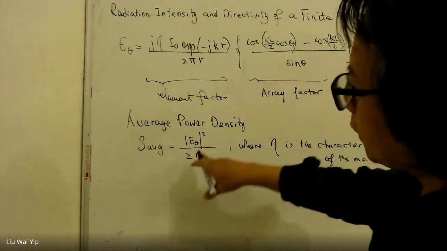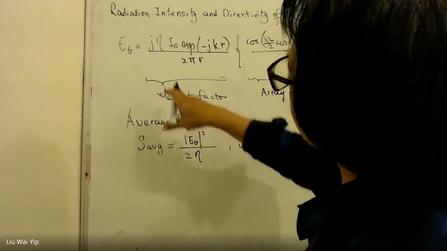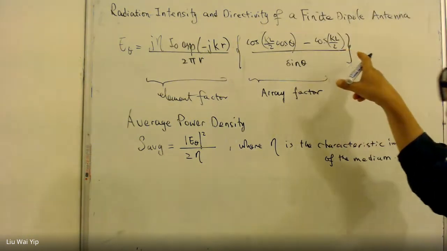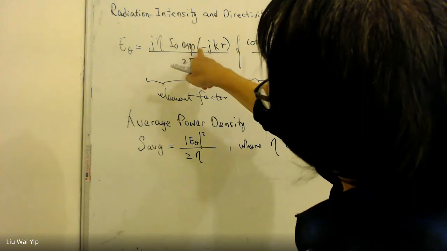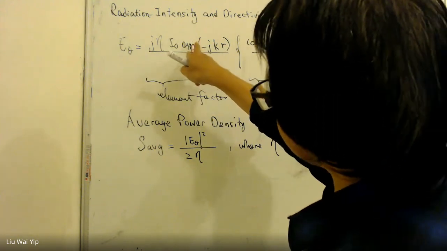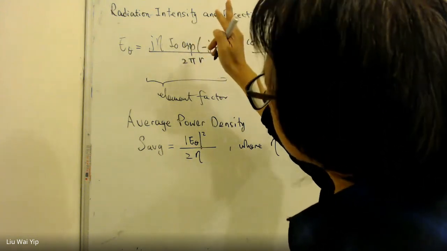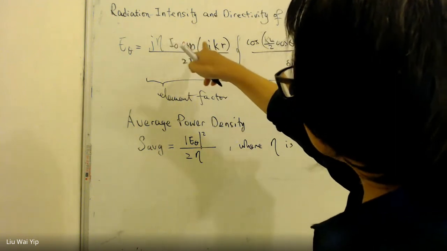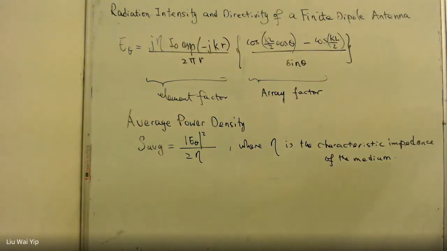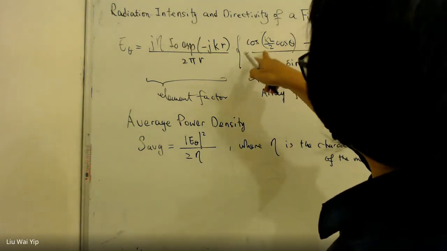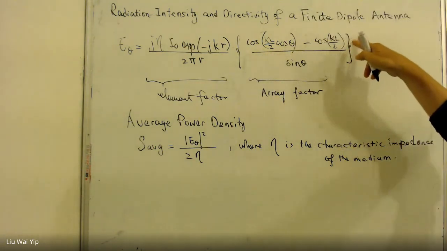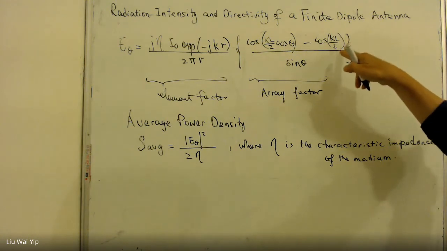And now, what is the magnitude squared according to the equations here? First of all, this is just a complex number, and the magnitude of it should be 1. So in other words, if we are going to find the magnitude only, we just need to find a square of this one.